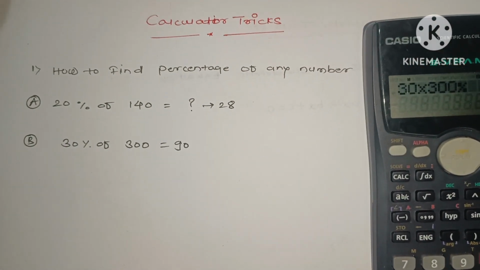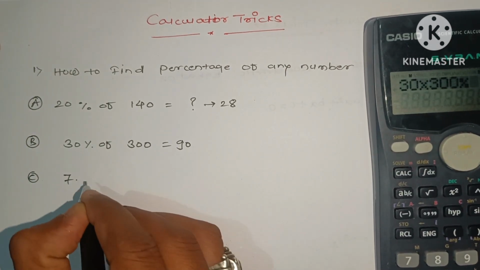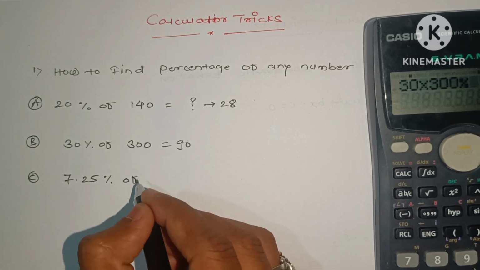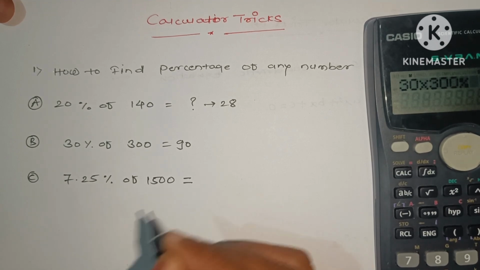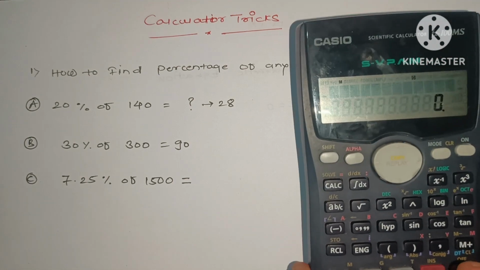Okay, so this is how you can find percentage of any number, even if it is given in the fraction also. Let's take one example on fraction. I have to find 7.25% of, let's suppose the number is 1500. Fine, let's start the process.